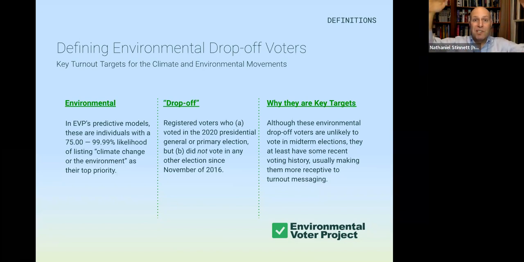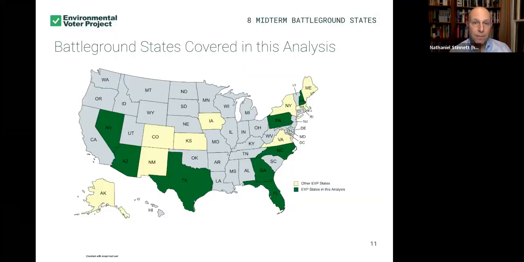Yes, it was in a much more salient, much higher turnout election, but lots of organizations, rightly so, and many campaigns view these drop-off voters as the most gettable turnout targets. These are the people who, if you're trying to expand that denominator of who shows up and casts a ballot this fall in the midterm elections, you're most likely to be able to pull off the sidelines. So that's why today we're focusing in on these environmental drop-off voters.